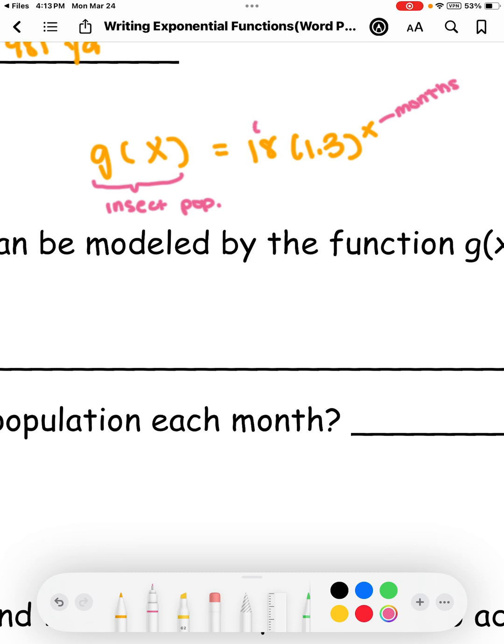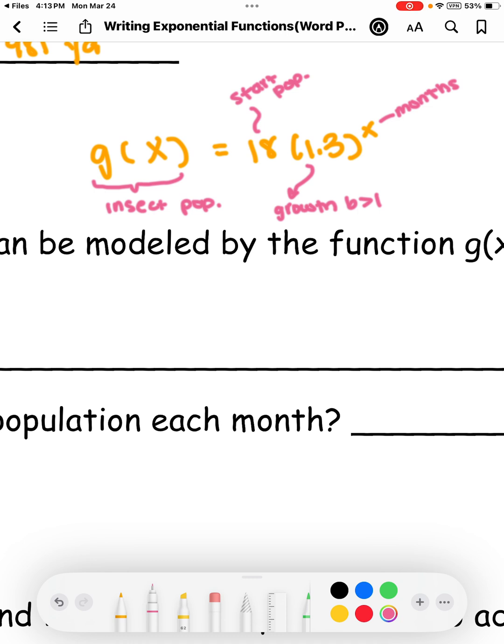If you said the starting population for the insects, perfect. Here's my next question. Is this exponential growth or exponential decay, and why? If you said exponential growth, correct, because our b value is greater than 1.